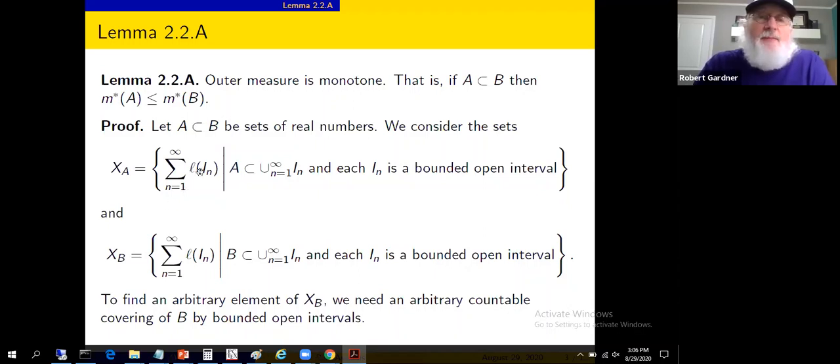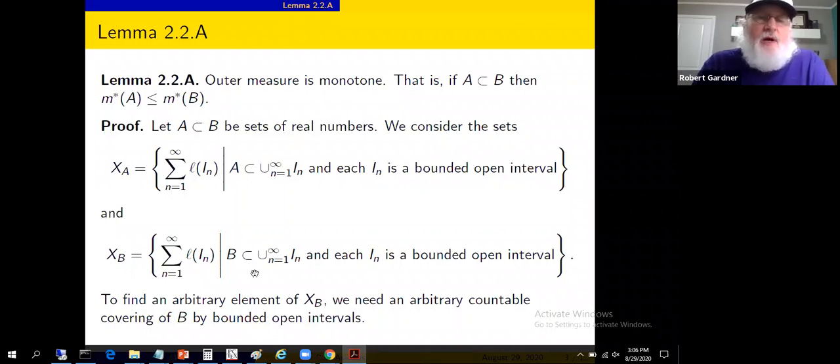So we'll sum up the lengths of bounded open intervals, I sub n, such that these I sub n's, when unioned up, cover set A. So in other words, we're covering set A with bounded open intervals, and then we're adding up their lengths. Varying the collection of open intervals that cover set A changes the sum of their lengths probably, and ultimately we'll take an infimum of that to get the outer measure of A.